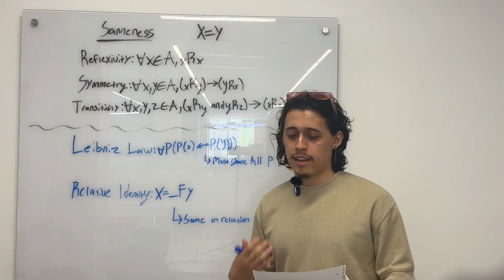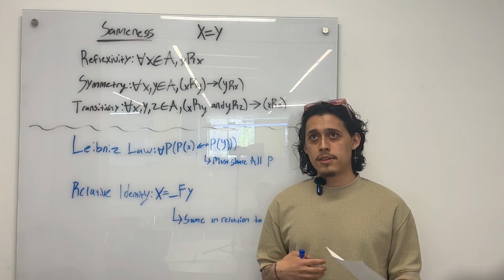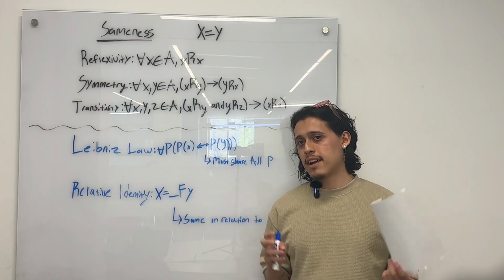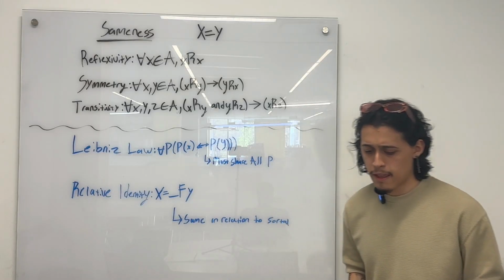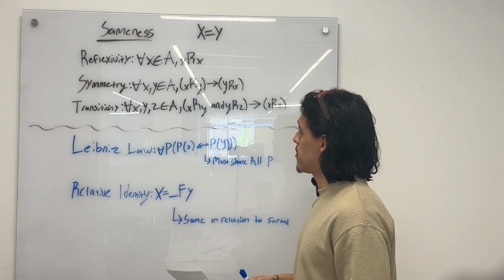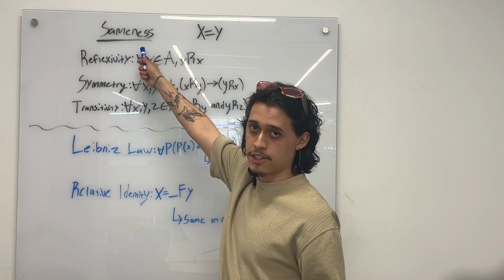And then the fourth and last topic is we're going to discuss whether or not Leibniz's law can be considered classical. Can it be considered the default? So the first thing is, the entirety of this is us talking about sameness relations.